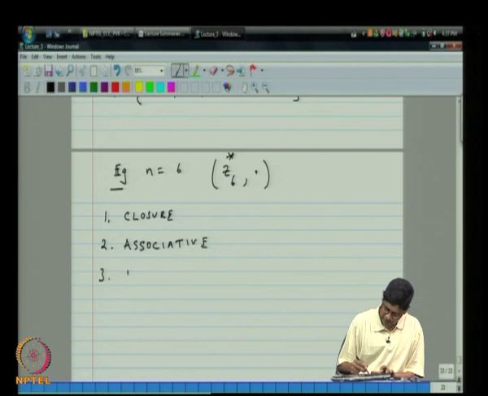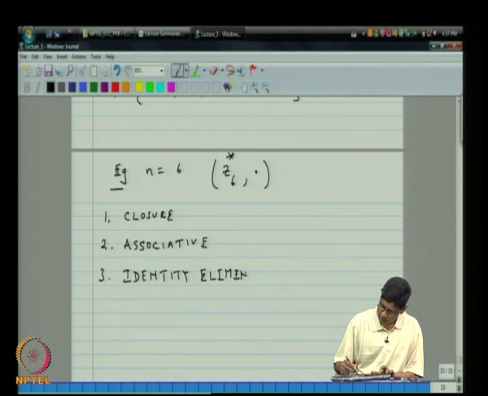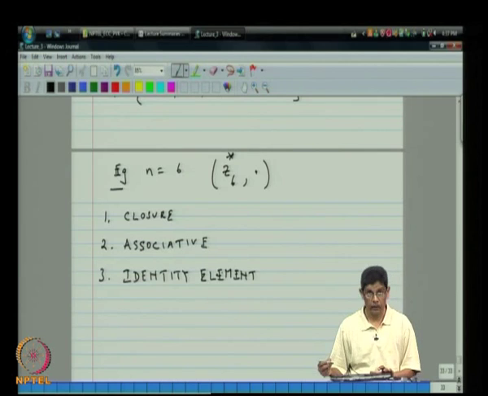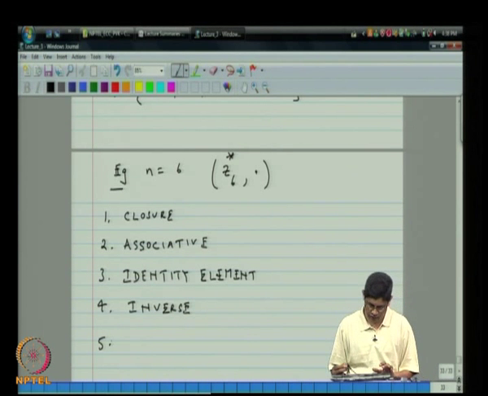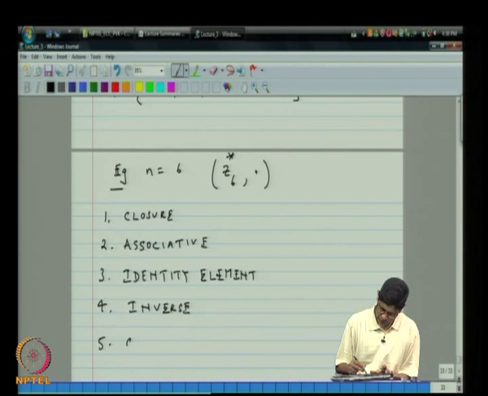Then you needed the presence of an identity element, and the presence of an inverse, and in the case of an abelian group, you needed that it be commutative.